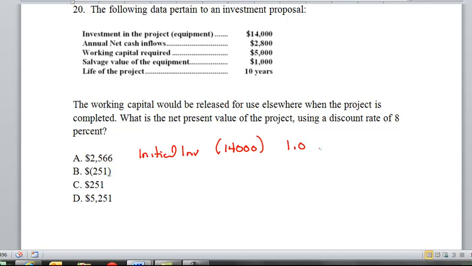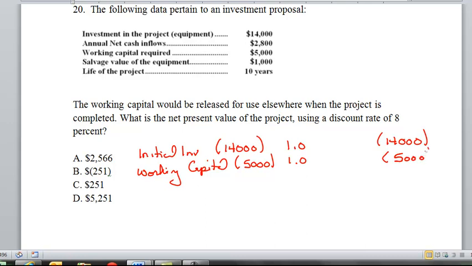So it's one factor of 1, which gives us $14,000. Also, the working capital required is $5,000. So it's going to be a factor of 1. So it'll still be $5,000.